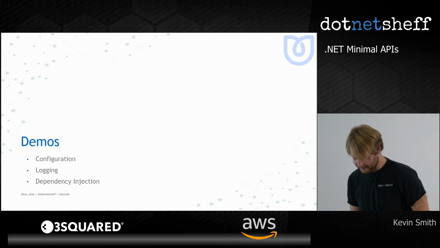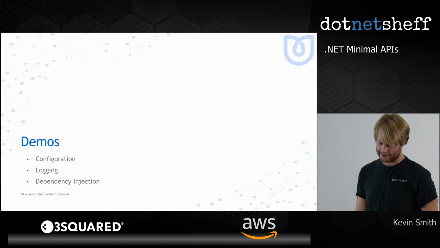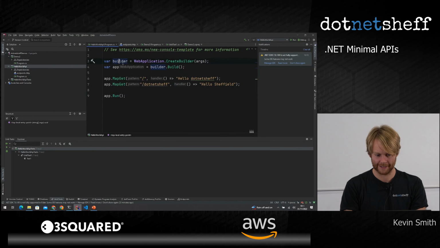So I'm just going to do a short demo of that. I'll probably just do the dependency injection one because that's the simplest one. So we've got our builder. Let's go create some classes.